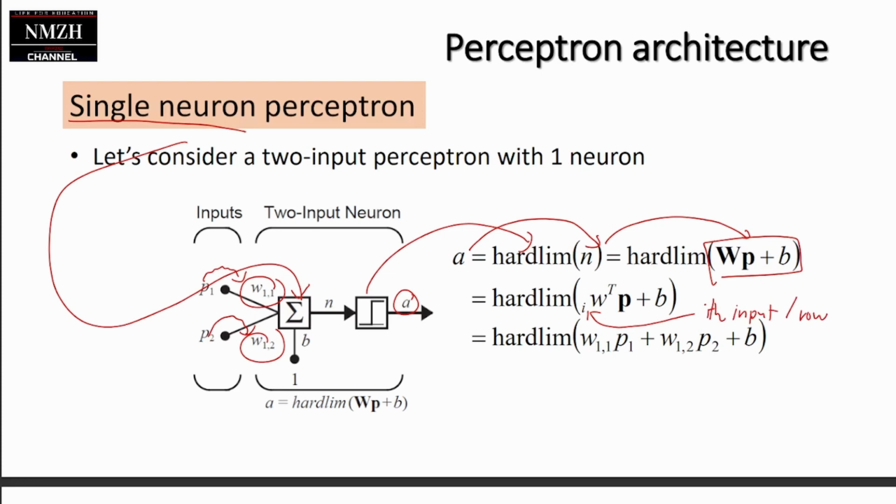Hold on a second. Here the w^T is written as a matrix, and this is a vector.